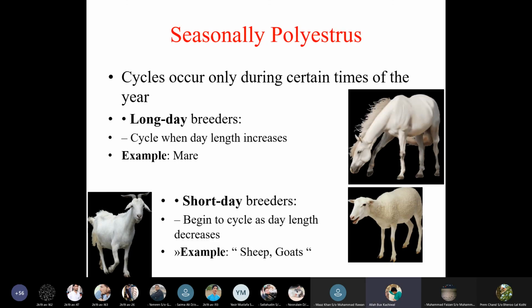Seasonal polyestrus: the cycles occur only during certain times of the year. That means if the cold season comes twice a year, the animal may show seasonal breeding in that season.